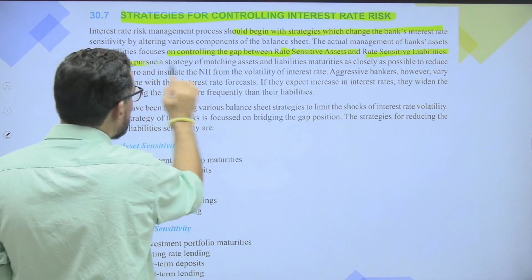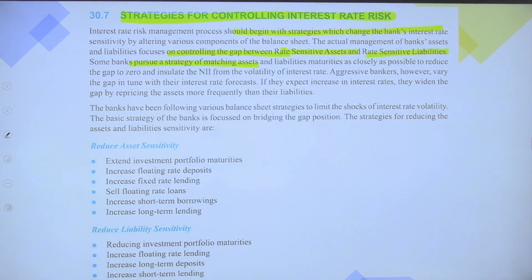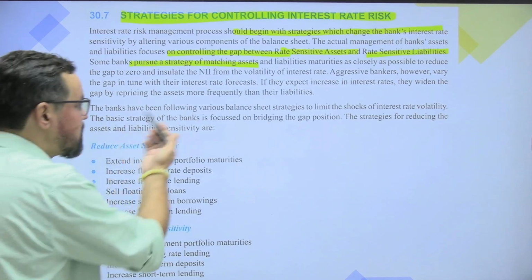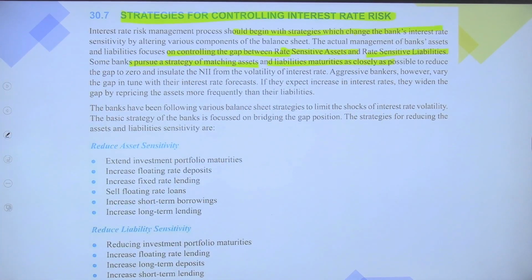Some banks pursue a strategy of matching asset and liability maturities as closely as possible. Okay, if it is a 5 year asset, try to keep a 5 year liability, and so on, to bring the gap to zero and insulate the NII from the volatility of interest rates.